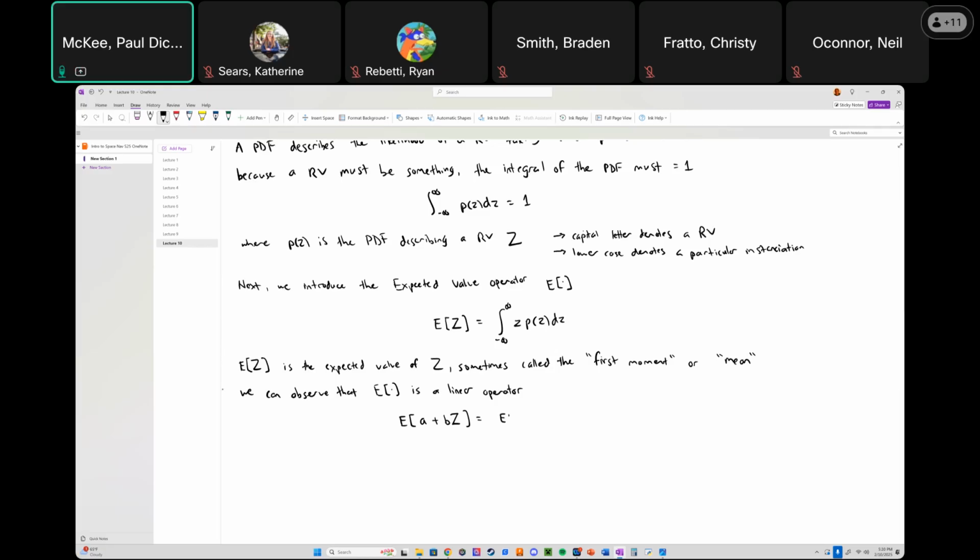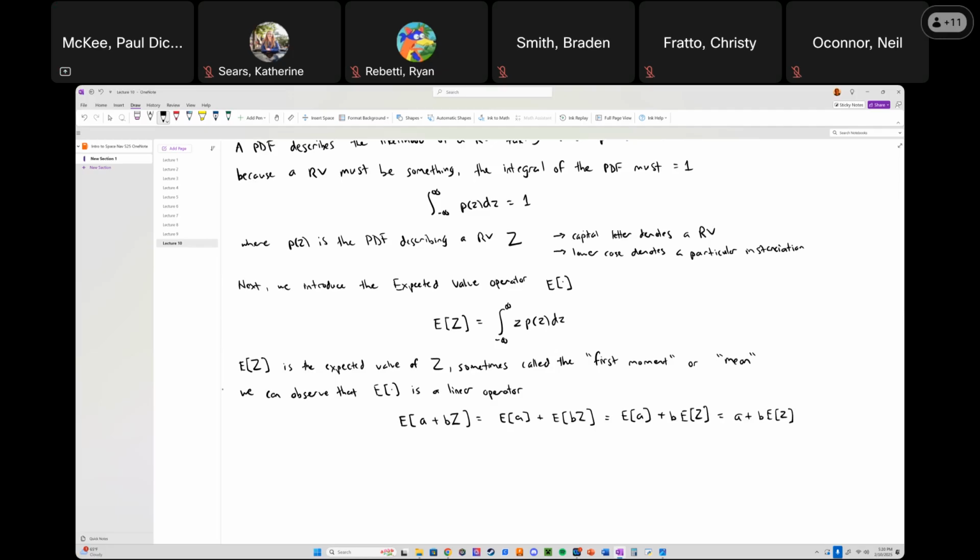So this is the expected value of A plus the expected value of BZ. But then this is the same thing as the expected value of A, which is just the scalar A in this case, plus B times the expected value of Z, which is just A plus B times the expected value of Z.